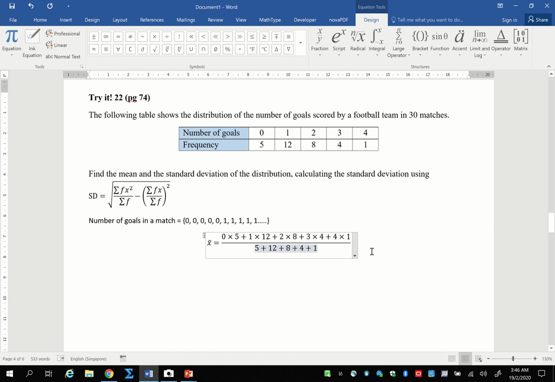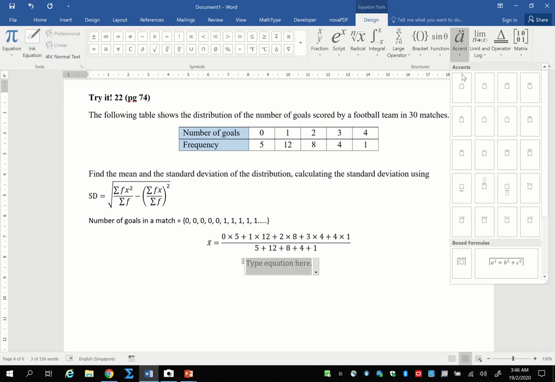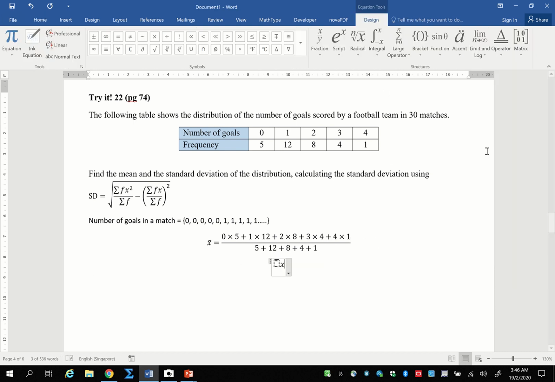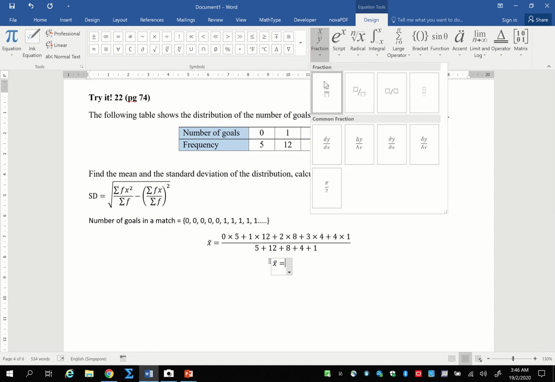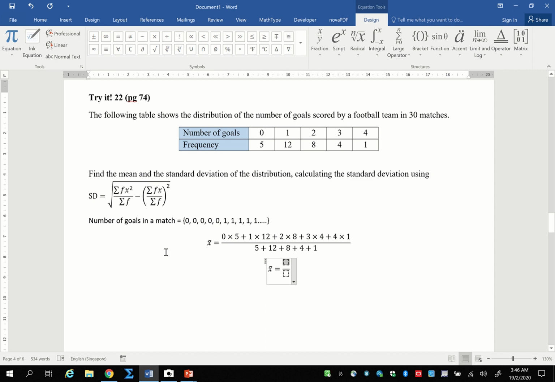Now, you realize that what I am doing over here is taking each of the number of goals, and multiplying by the frequency of the number of goals itself, times frequency, and then I will sum it all up.